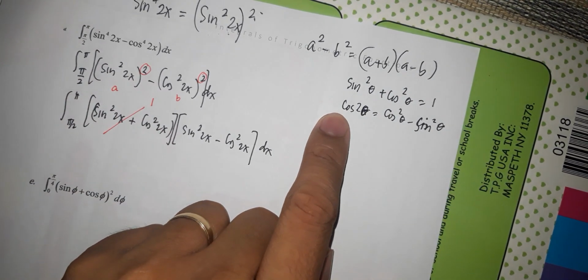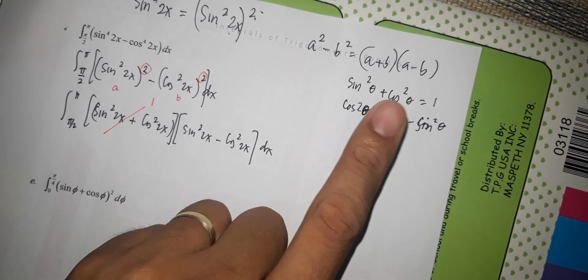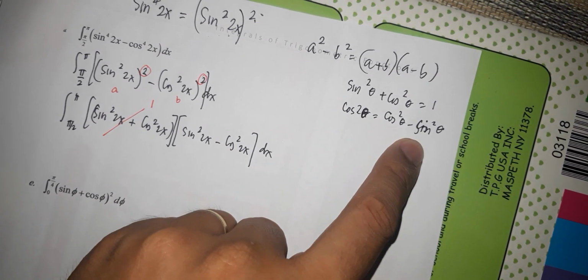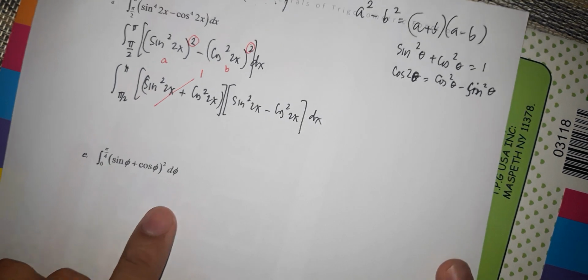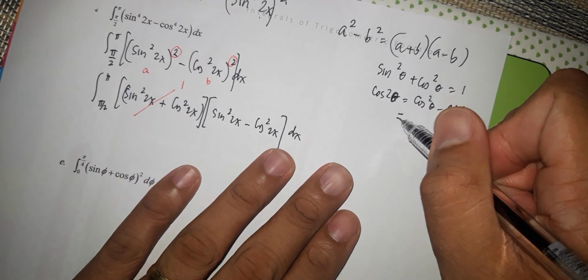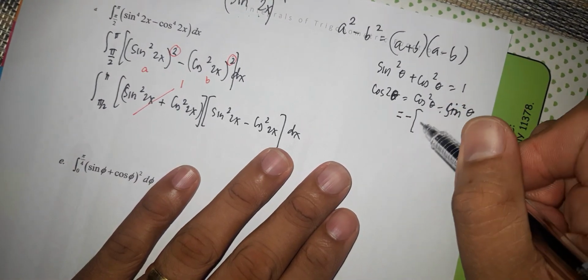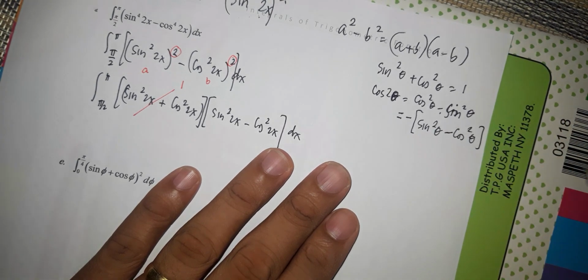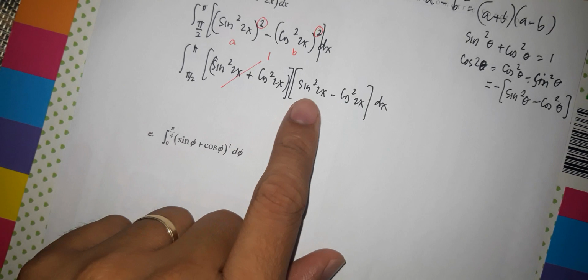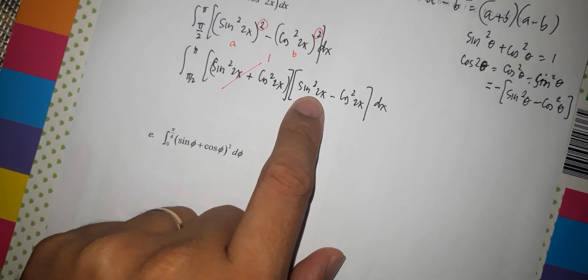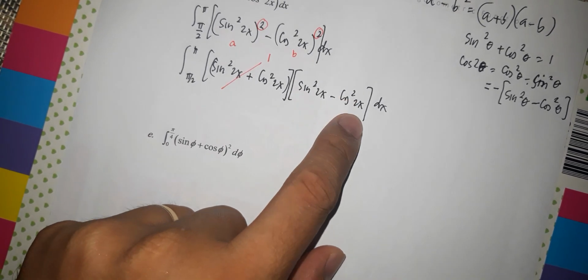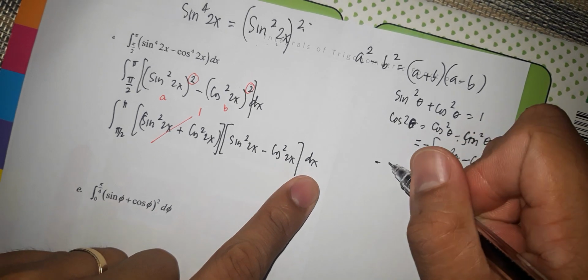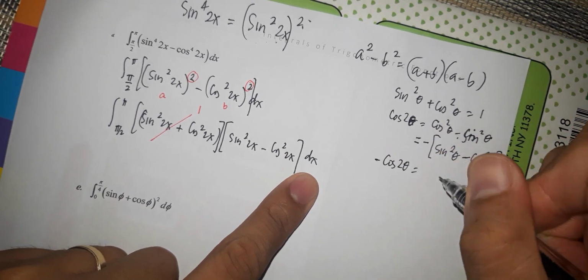So the double angle identity: cosine of twice the angle is equal to cosine squared theta minus sine squared theta. So if I factor out a negative, that gives you negative of sine squared theta minus cosine squared theta. Therefore, sine squared theta minus cosine squared theta is equal to negative cosine 2 theta.